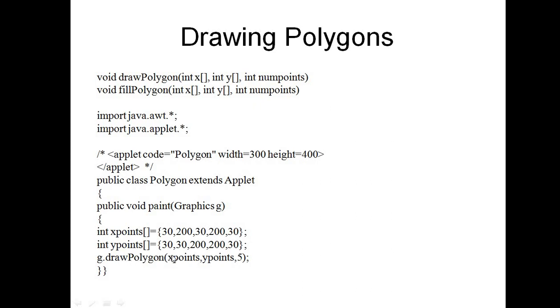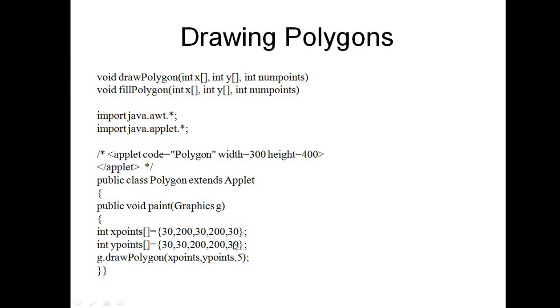Then draw polygon will draw lines considering X values from the X points array and Y values from the Y points array. So 30 and 30 are X1, Y1, 200 and 30 are X2, Y2, then X3, Y3, 30 and 200 are X4, Y4, 200, 200 are X5, Y5, then 30, 30.